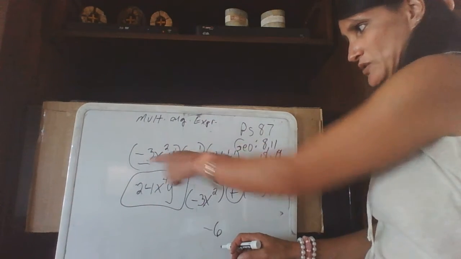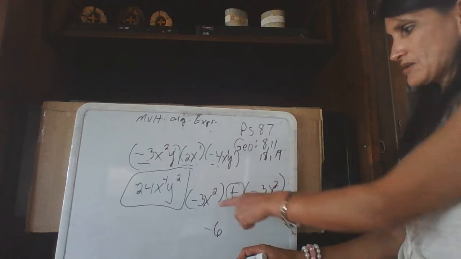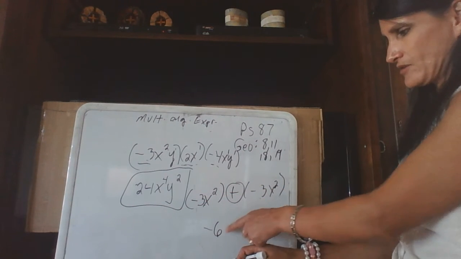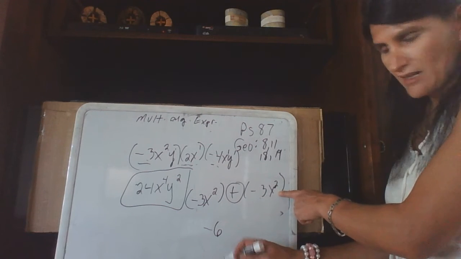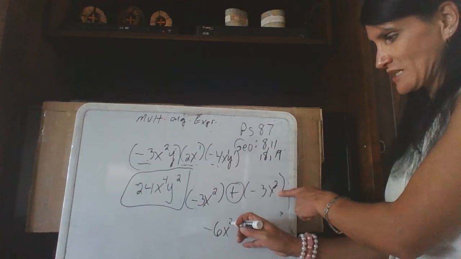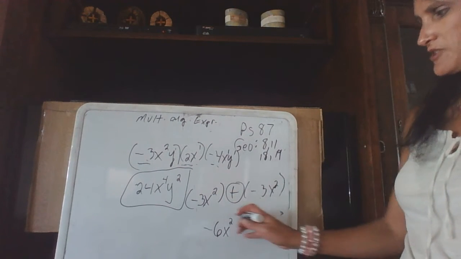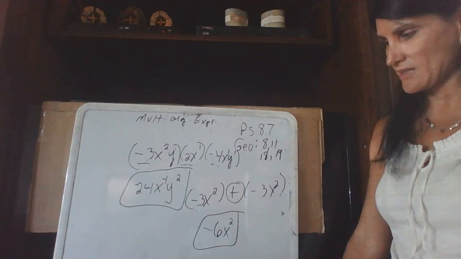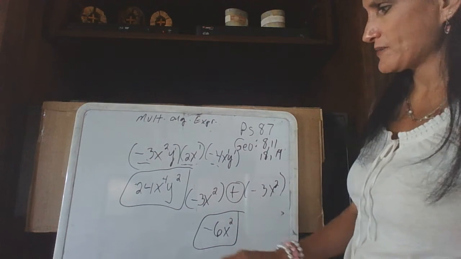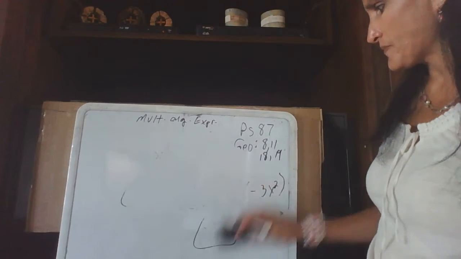Up here I multiplied because the parentheses doesn't have a plus in between. So I would just add negative 3 and negative 3 is negative 6. And then x squared and x squared I cannot add. I have to leave the base alone because you only add them when you're multiplying. This is not multiplication. So the answer would be negative 6x squared. Okay, so please make sure you understand the difference of those two types of problems.